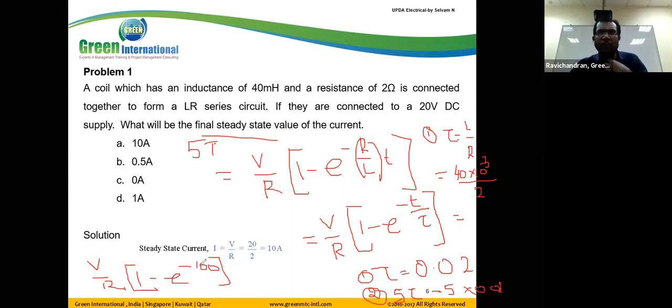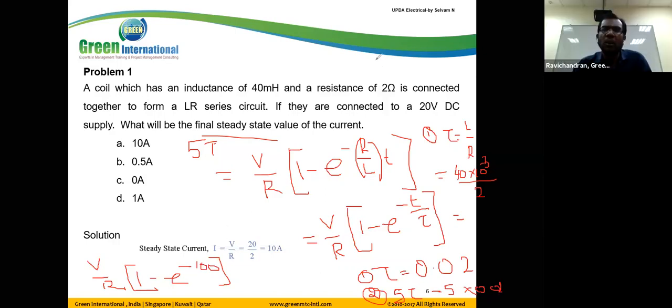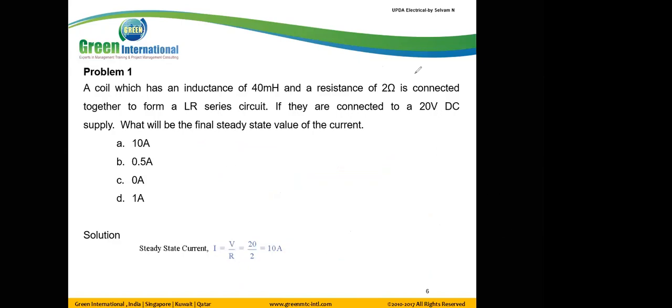E to the power of minus 100 gives 0.000, so almost this value is 0. So that's why we have a simple thumb rule, simple formula: in the final steady state, I is equal to V by R.